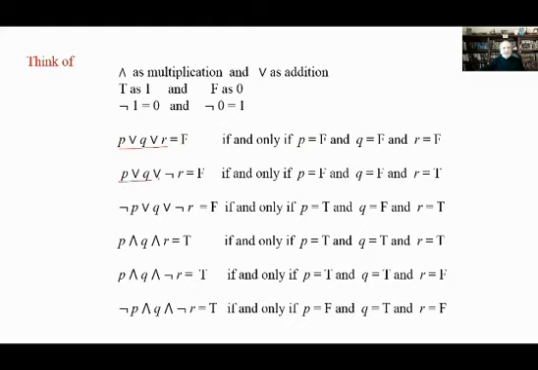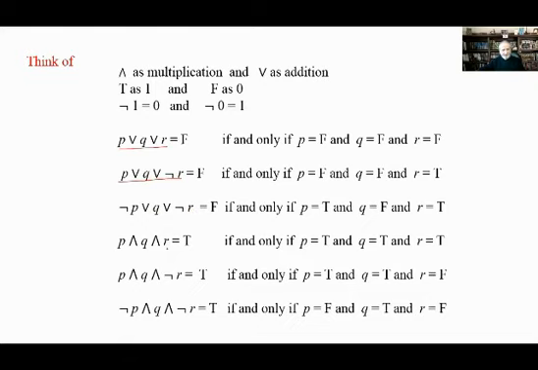Now look at this here. It's false if P is false, Q is false, and R is true, because you want not R to be false. This one, it's false if and only if P is true, Q is false, and R is true.